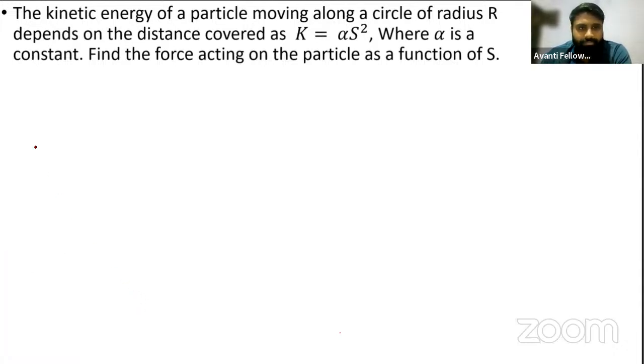Okay. There is no problem in screen visibility and voice now. Please make sure of that.